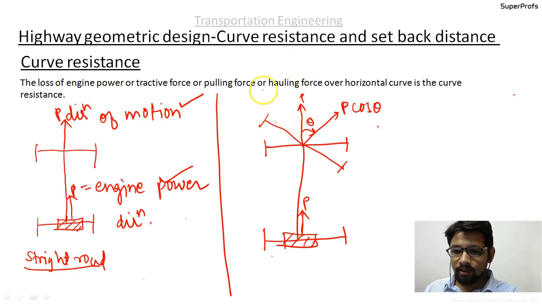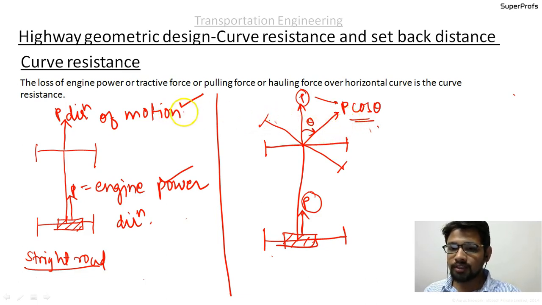But in this case, power P is generated by the engine, but the power utilized in the direction of motion is P cos theta. So the curve resistance is the loss of this engine power. Cos theta has a value between 0 and 1, so P cos theta has to be less than or equal to P.